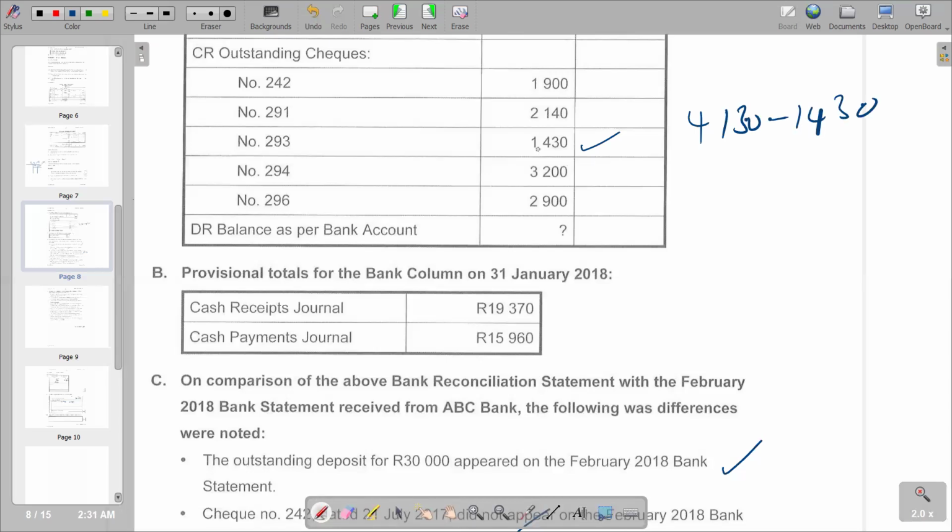There is a lesser figure of 1,430 in the cash payment journal, so we need to find by how much it is smaller.